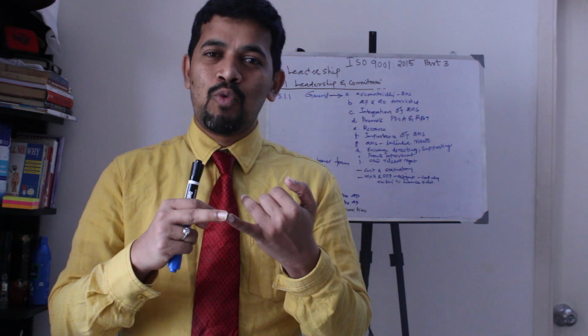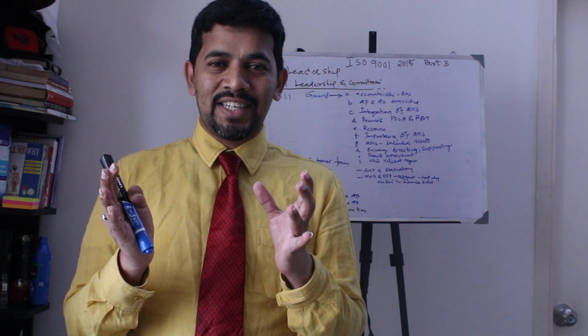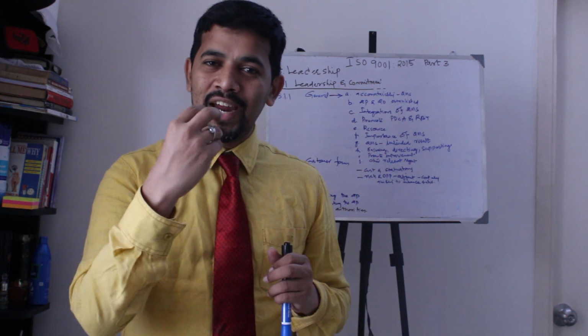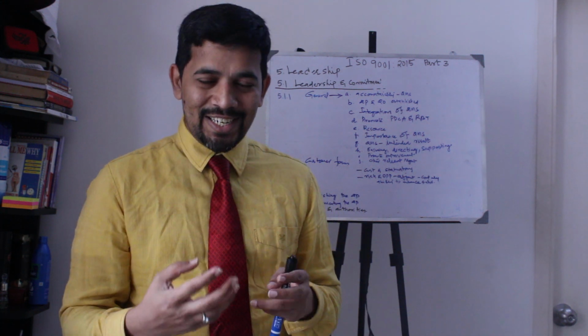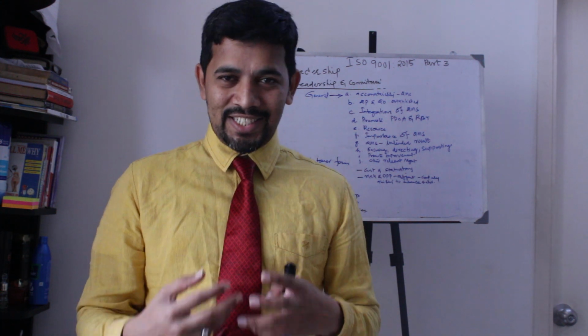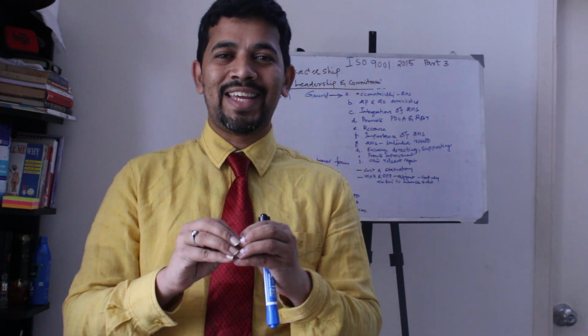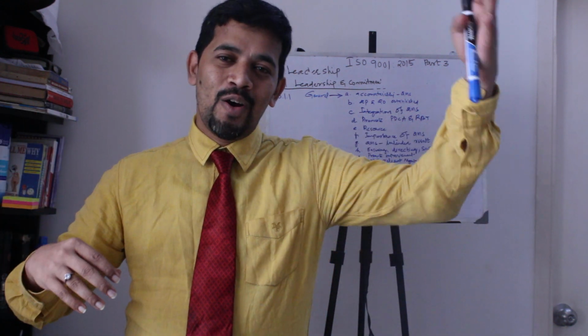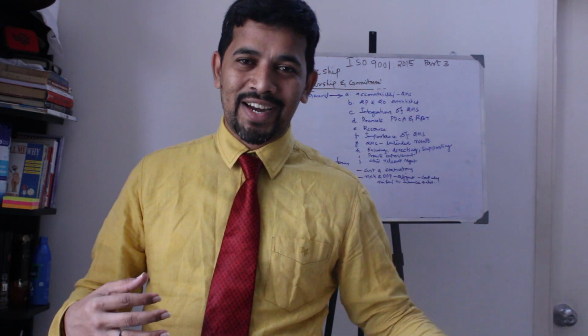For example, in 4.1 we talked about understanding the organization and its context. There we had seen 3 keywords. One is internal issues, another one is external issues, and these 2 issues should not affect the strategic direction, the long-term goal or long-term objective of the organization.